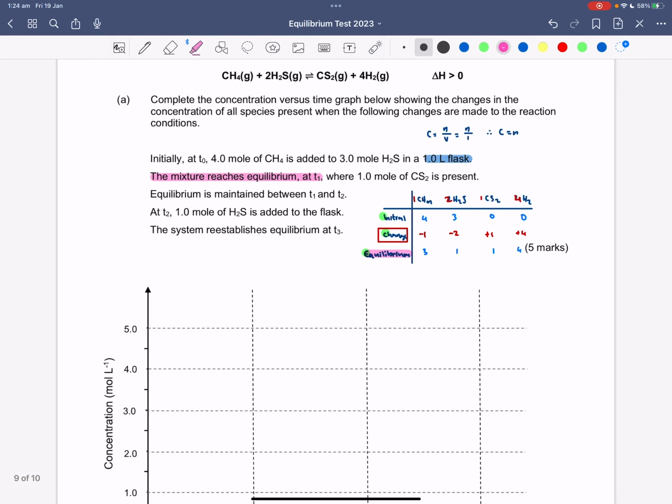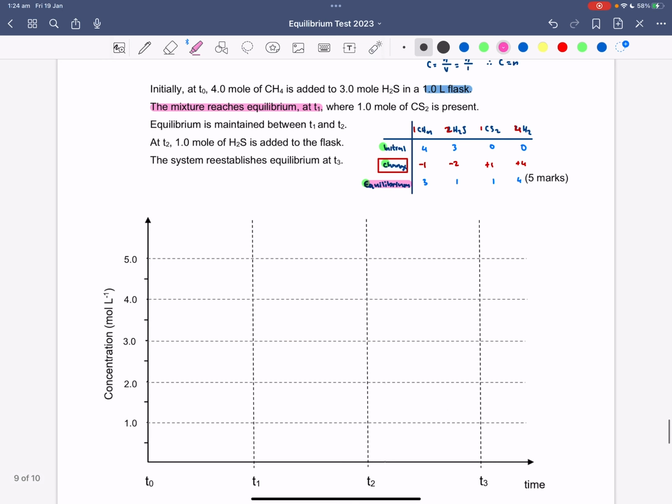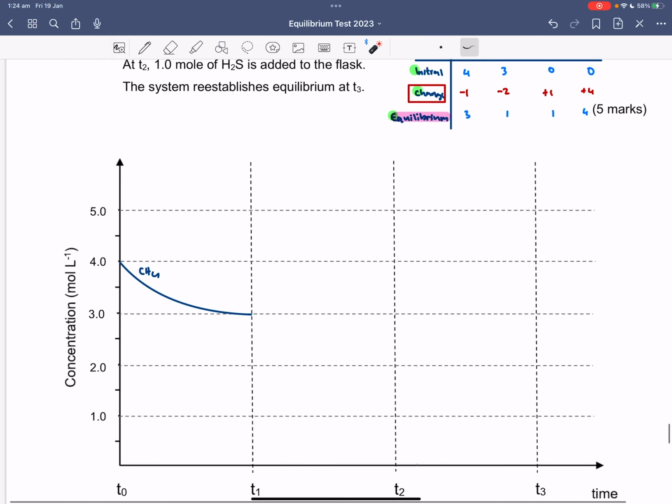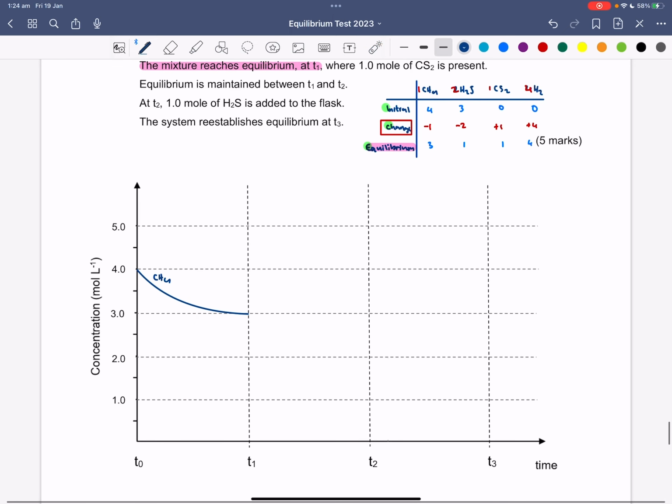We started at 4 moles per liter CH4, and it eventually became 3 moles per liter, and that's T1. Sorry, that's CH4, started off as 4 moles per liter and finished off as 3 moles per liter, and then it stayed at equilibrium until T2.